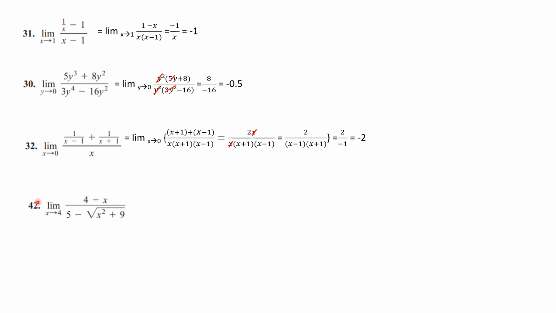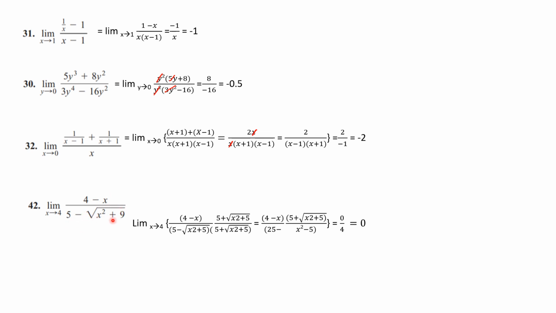The next one is limit as x approaches 4 of (4 minus x) divided by (5 minus the square root of x squared plus 9). We could go ahead and multiply both the numerator and the denominator by the conjugate of the denominator.